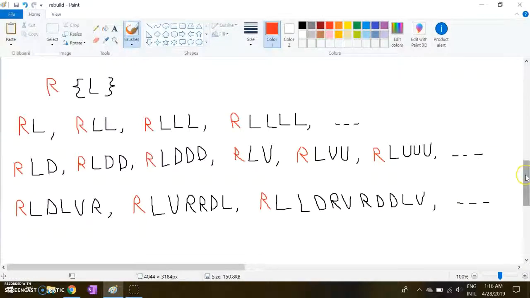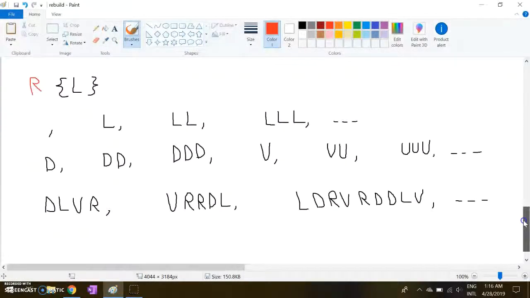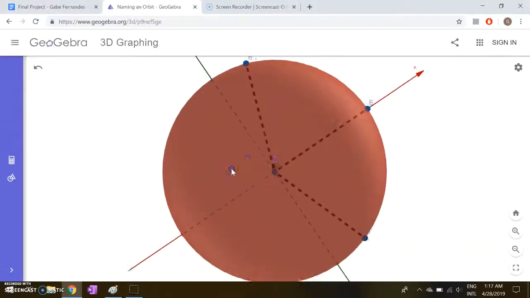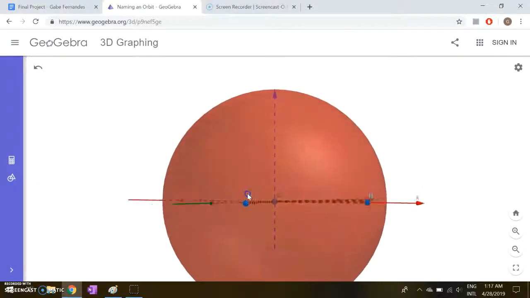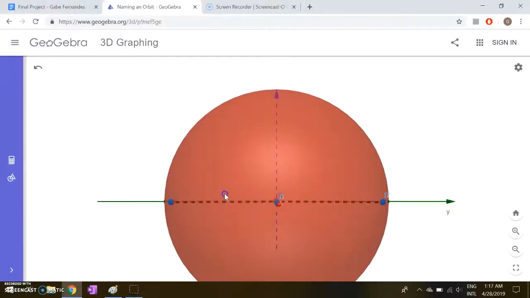Now, after cancellations, what will happen is we get all of the left words, we get all of the downs and the ups, but I want to draw a lot of attention to this right here, because what this means is that we get the starting point. Because if you look back and you have our starting point at X, if I can find it, and we had from all of the different orbits where it went to the left, if we're taking all of those and rotating them back to the right, we're getting all of the starting points from all of the orbits.